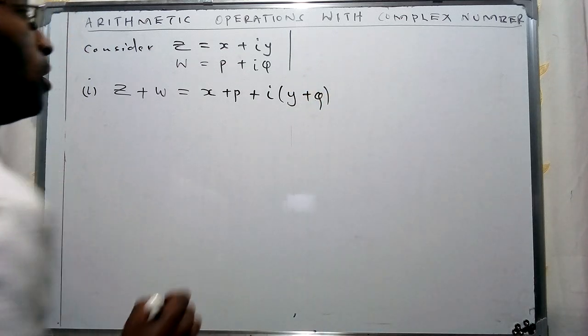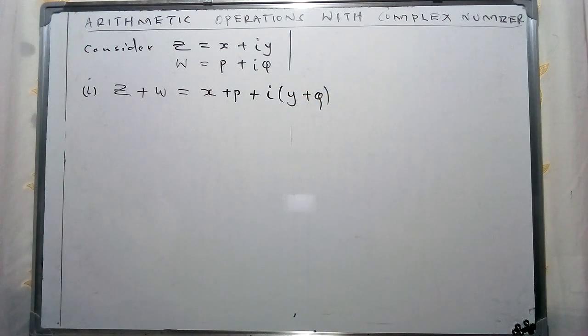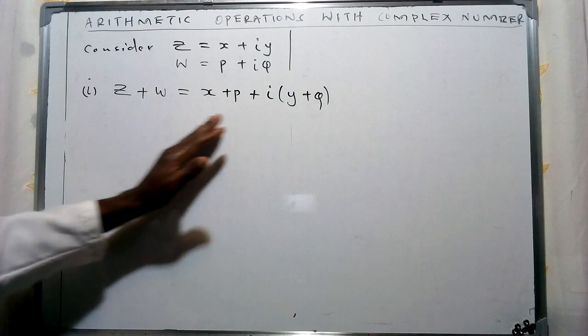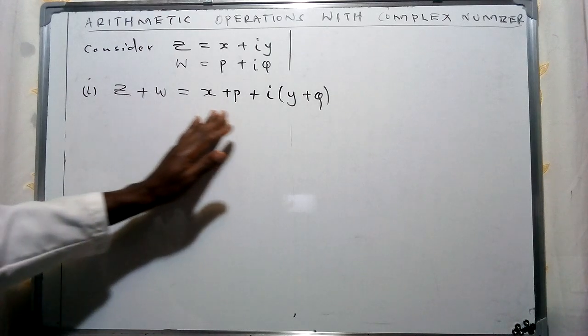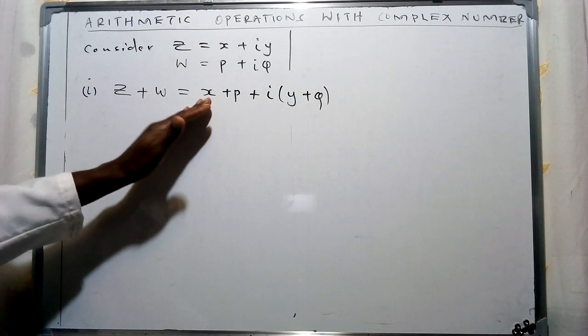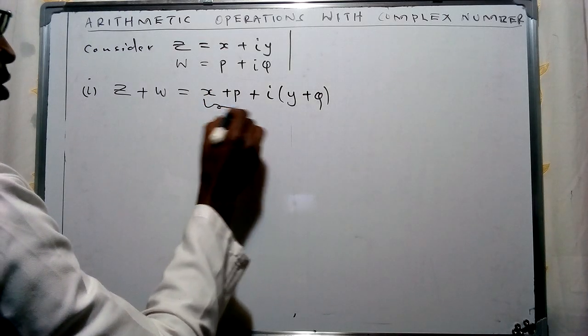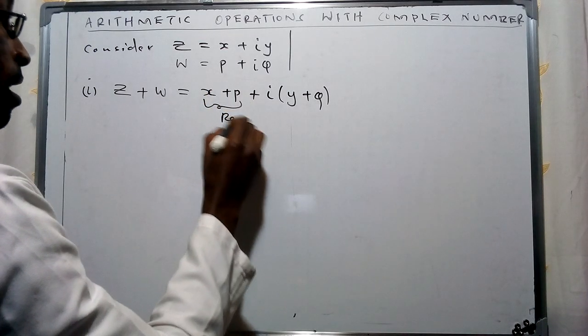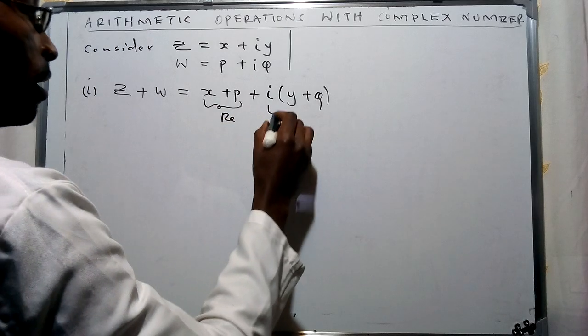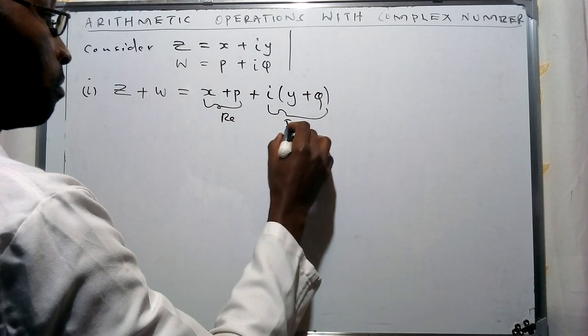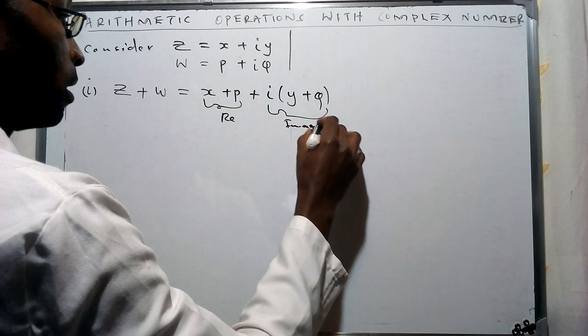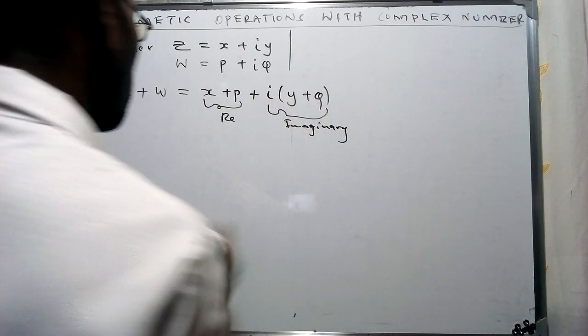So these are the basic steps we take when two complex numbers are added. As we can see, there is a specific trend whereby we first add what we refer to as the real parts, and then the imaginary parts form another sum.